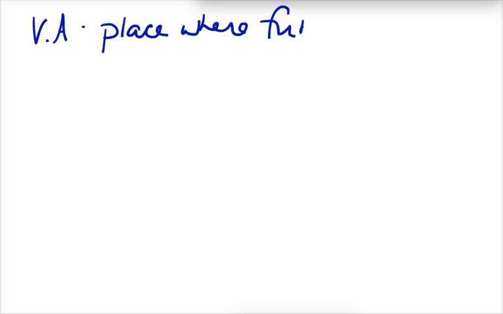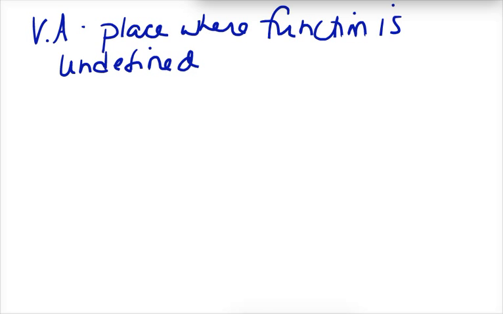You know, recall that a vertical asymptote is a place where the function is undefined, right? And where do you see those places?